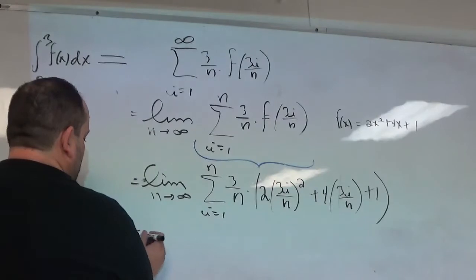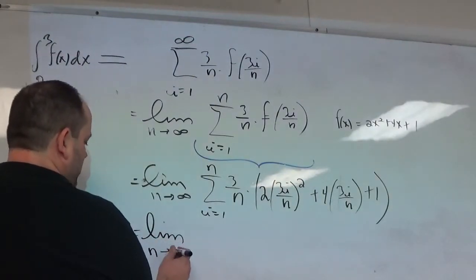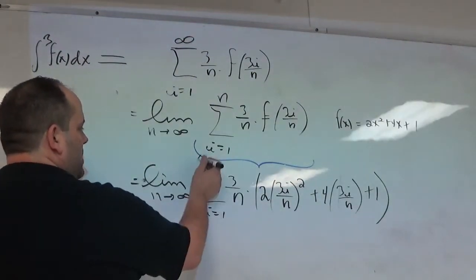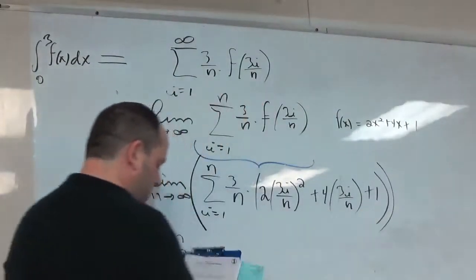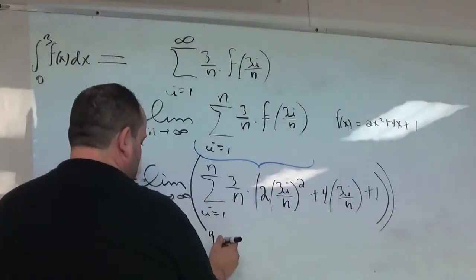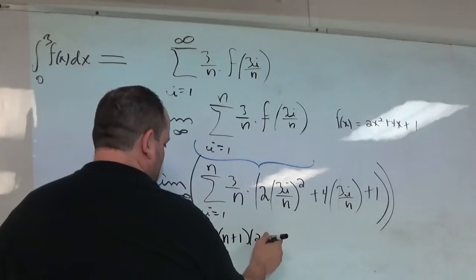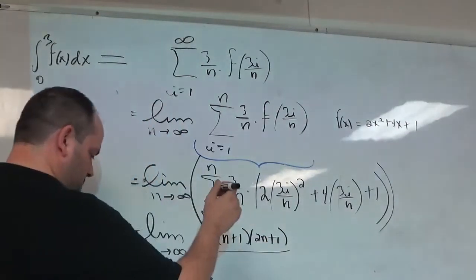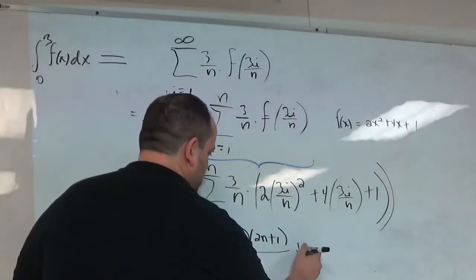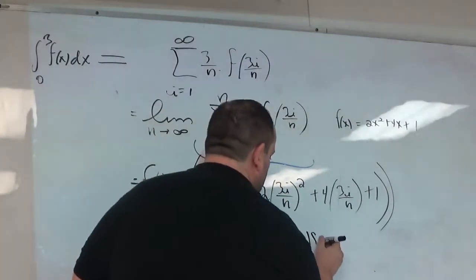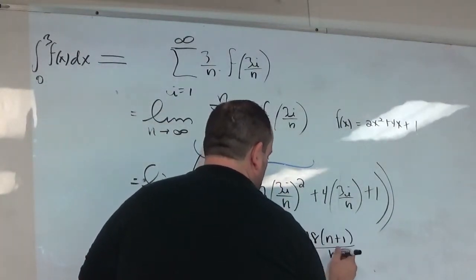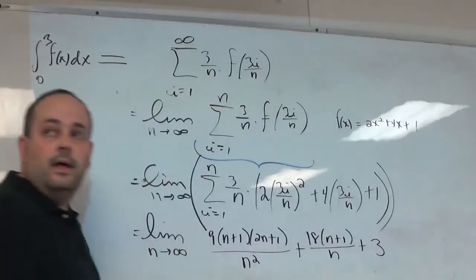Here's the part that is going to seem foreign, that you wouldn't know. This whole expression is equal to 9 times n plus 1 times 2n plus 1 over n squared plus 18 times n plus 1 over n plus 3.